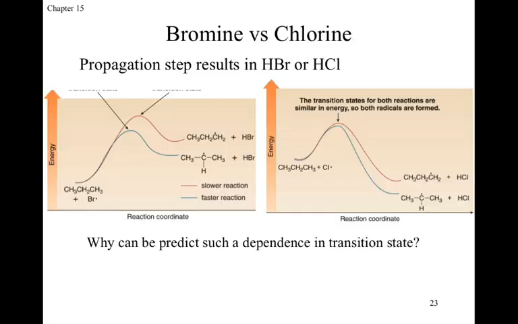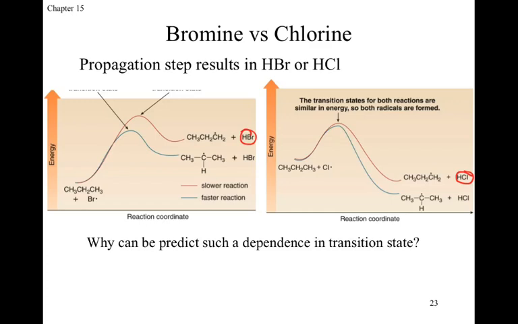Your textbook is going to go through and start to discuss why bromine versus chlorine becomes better, and it has to do with transition states and energy diagrams. The short of it is that when we look at the bromination reaction, we are generating an endothermic HBr, stronger acid in that intermediate stage, versus HCl, which is a weaker acid, which means we have a lower energy for that intermediate structure.